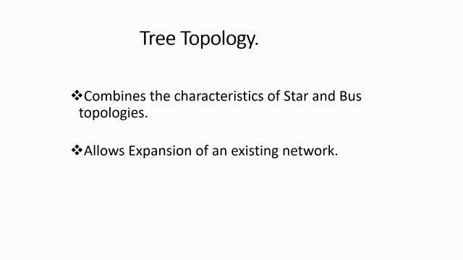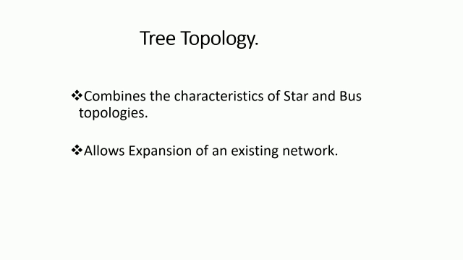The next topology we're going to discuss is the tree topology, that is also known as the expanded star topology. Tree topology actually combines the characteristics of the bus and the star topology. That is, it consists of a group of star configured nodes connected to a bus backbone.